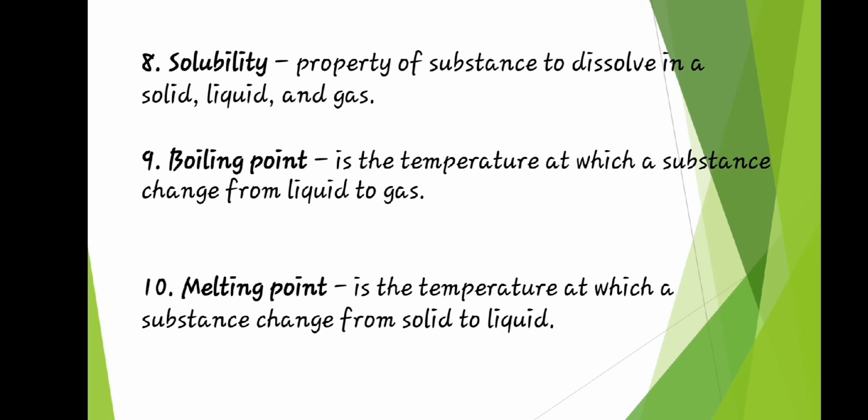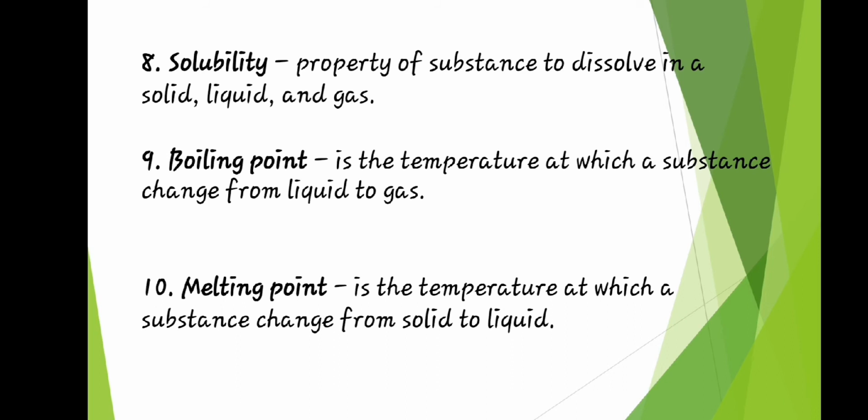Okay? So let's proceed to another property that can describe physical property, which is boiling point. Boiling point can also be described as a physical property because there is again no change in chemical composition. You can do it by heating a certain substance.